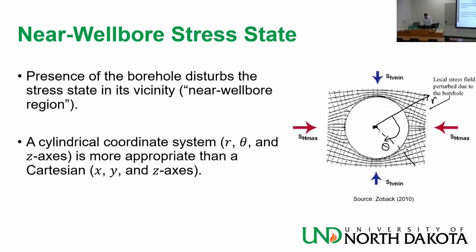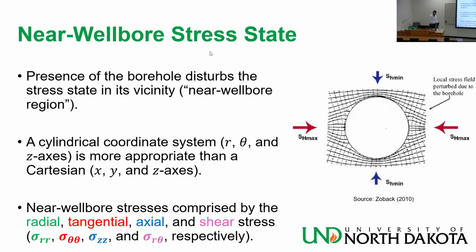So the stresses I'm going to deal with are the following. Radial, which I have used green for since I was a PhD student, and is denoted by sigma RR. Tangential, which I use red for, and is denoted by sigma theta theta.